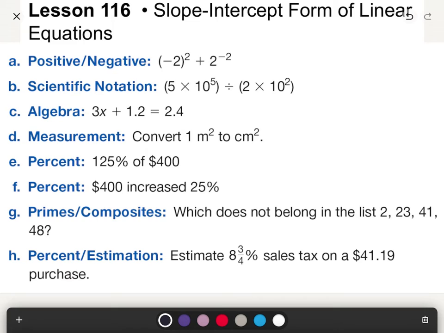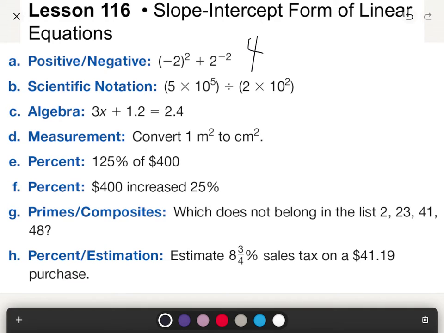Okay, and we're back. All right, so starting out, positive and negative numbers, and a little bit of trickery with the exponents. So negative 2 times negative 2 is just 4.